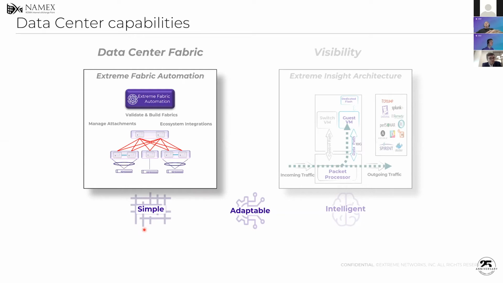Later on, we will talk about the intelligence in the network and how visibility can help you to create information and extract information from your network to deliver you important decision-making data and information. So let's move forward.